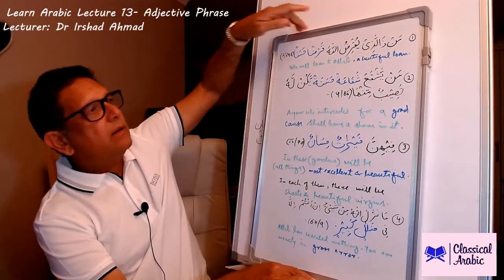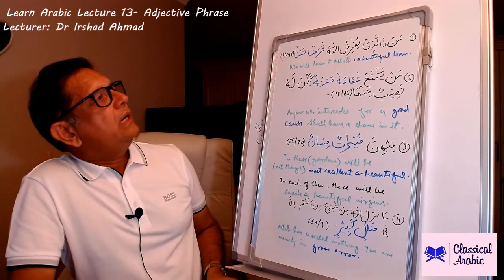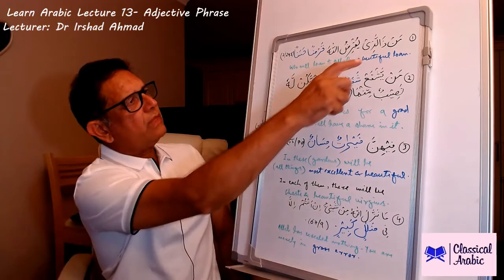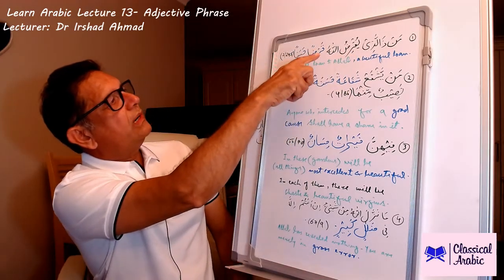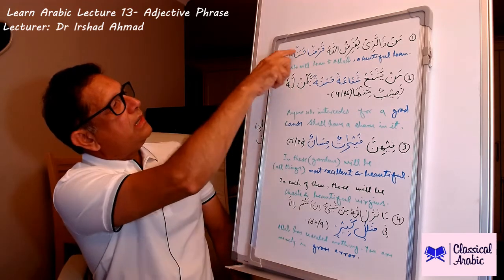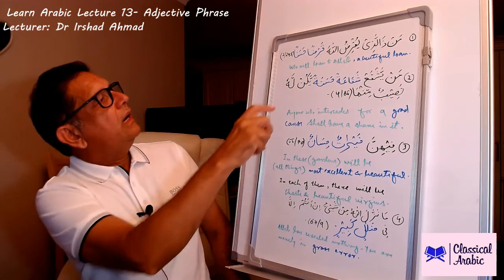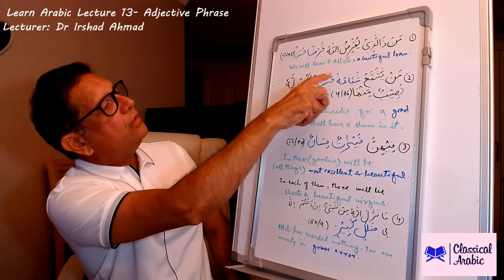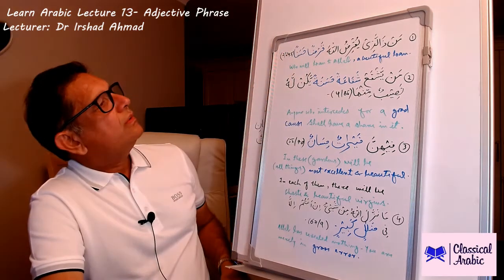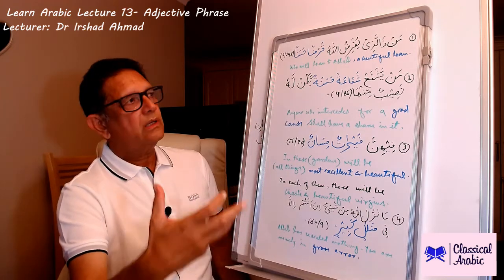So I have written some ayahs here, I would like you to identify murakkab tawsifi in these. Man zallazi yukridullaha kardan hasanan. So kardan hasanan is murakkab tawsifi here. Who will loan to Allah a beautiful loan? So kardan is loan, and what kind of loan? Beautiful loan.